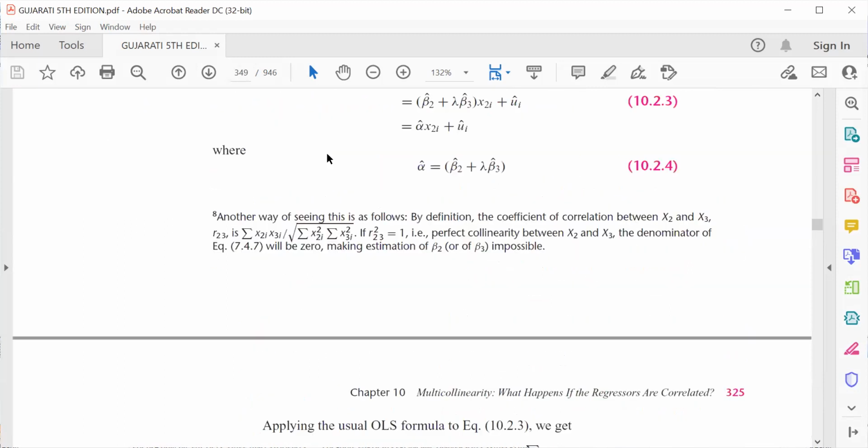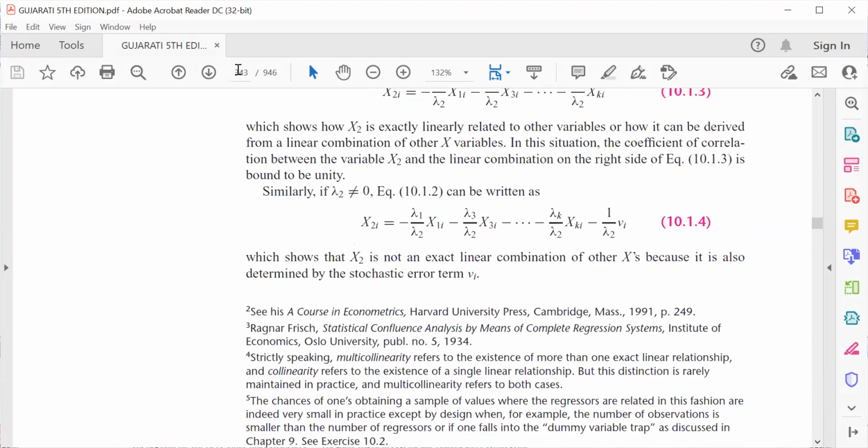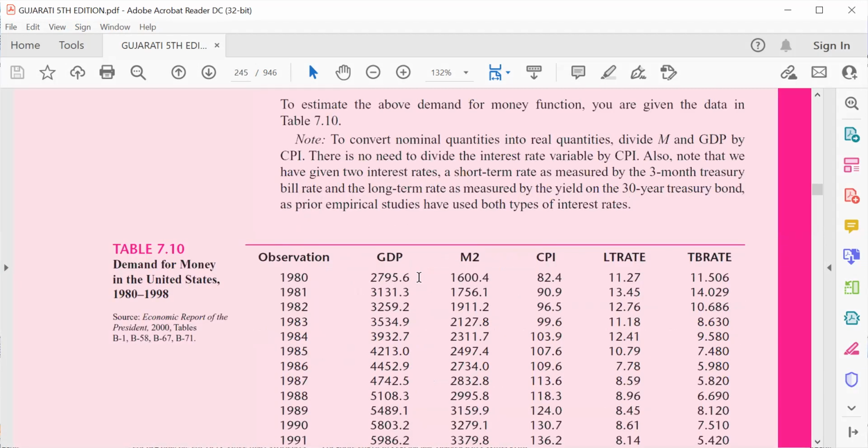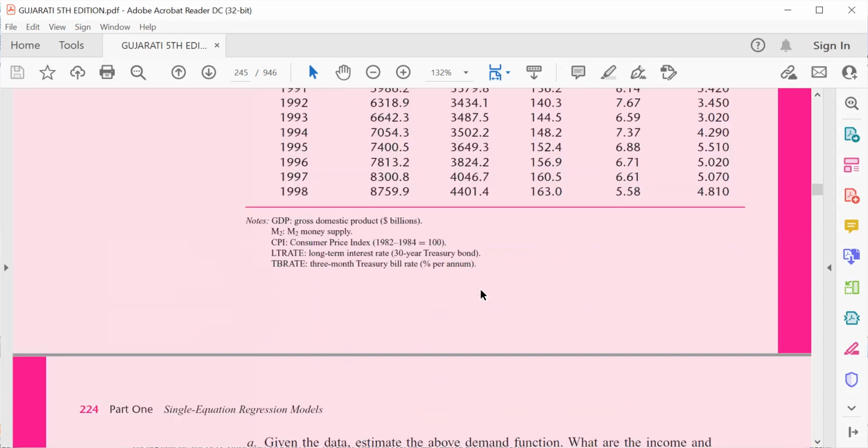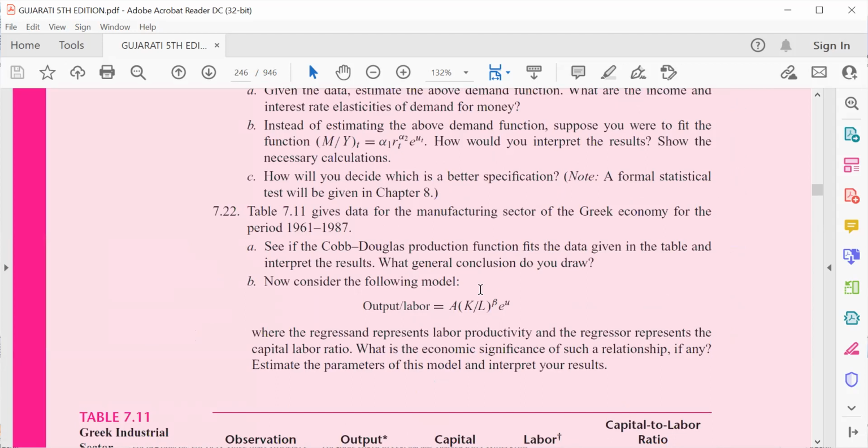In chapter 7 we have the demand for money, here the data.